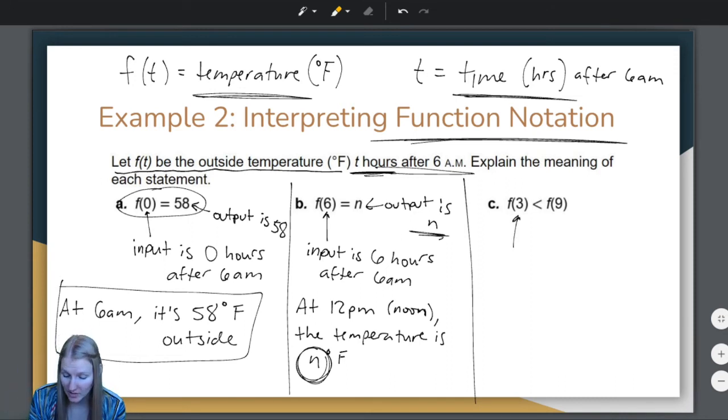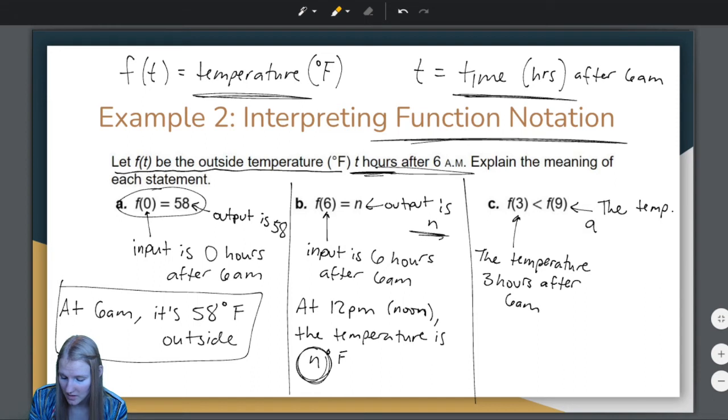Well, f of 3 means the temperature 3 hours after 6 a.m. And what does f of 9 mean? It means the temperature 9 hours after 6 a.m.